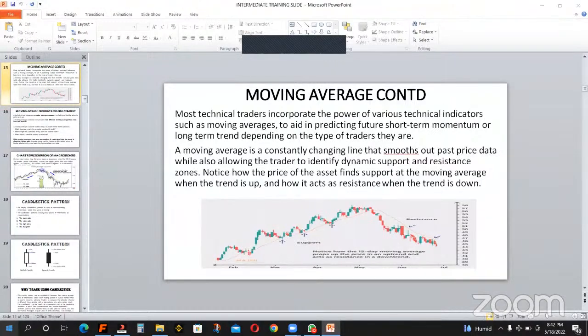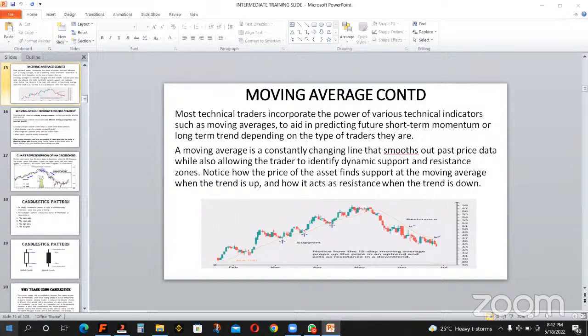When we say period on our chart, we mean a particular number of candlesticks that the price has gone through.